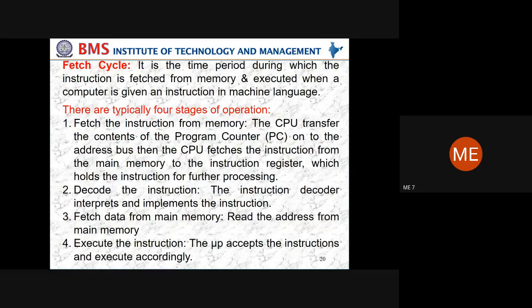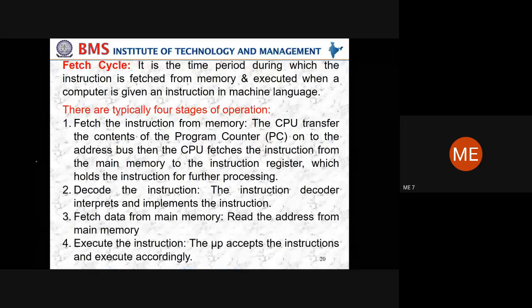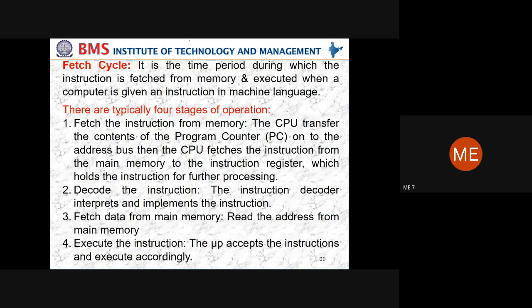The fetch cycle is the time period during which the instruction is fetched from the memory and executed when a computer is given an instruction in machine level language. Fetch is nothing but retrieving. So that is called the fetch cycle.